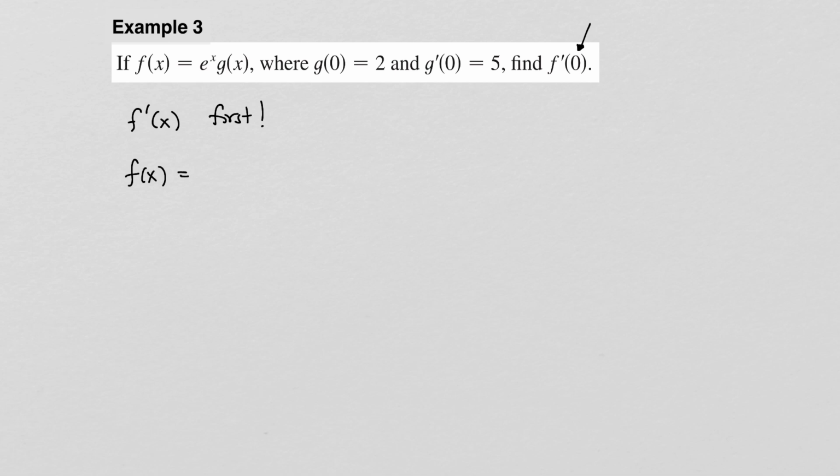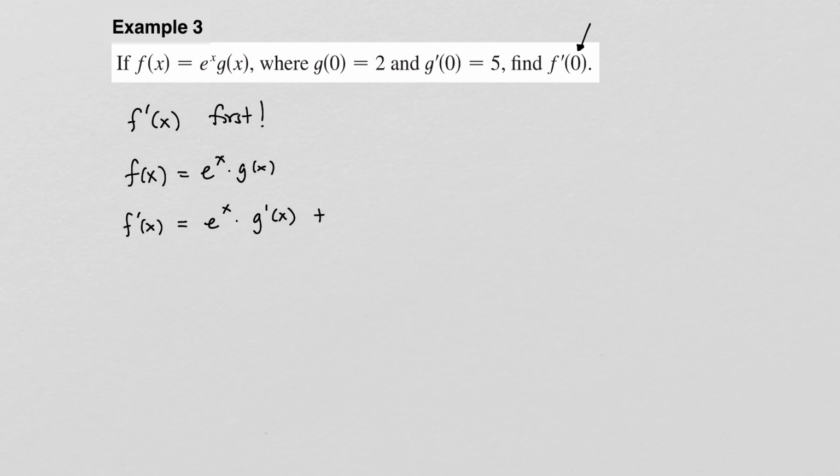So if f of x is e to the x times g of x, to find f prime of x, I'm going to use the product rule for these two functions. The product rule says you take the first function, e to the x, and you multiply it by the derivative of the second function. Well, the derivative of g of x is g prime of x.